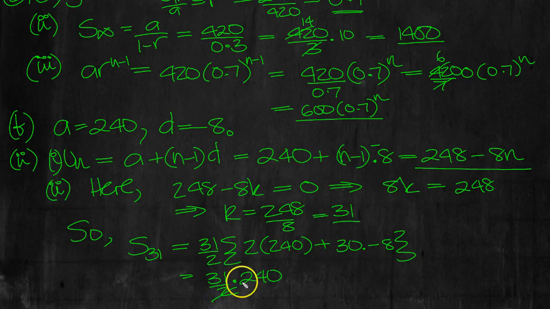And then 2 goes into 24 12 times. 10 31s are 310, 2 of them is 62. 310 and 62 is 372. 372, and there's a 0 as well, times by 10. 3720.